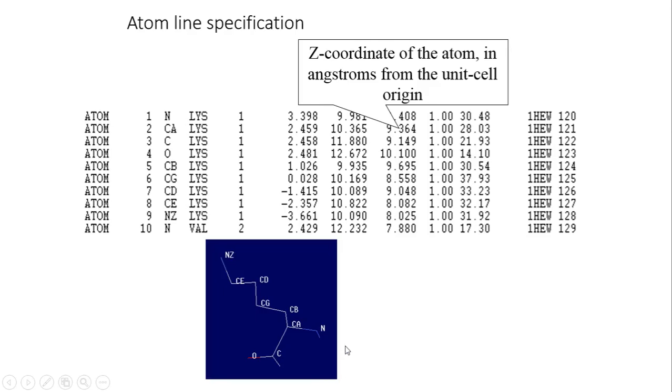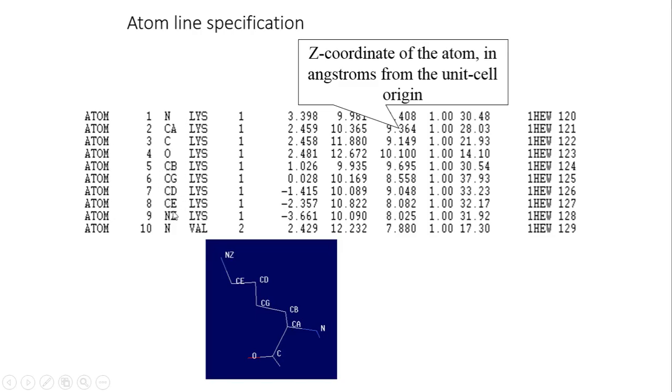So of these lines, this N, C alpha, C and O are called the backbone atoms, and whatever is present subsequent to the C alpha carbon atoms corresponds to your side chain carbon atoms.